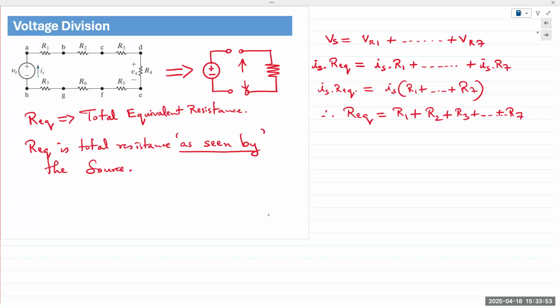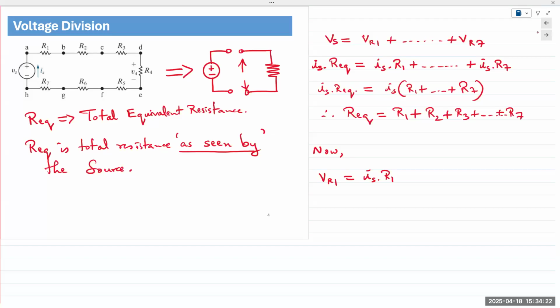Voltage division. We said voltage VR1 is equal to IS times R1, right? But what is IS? I can write IS in terms of VS and Req.